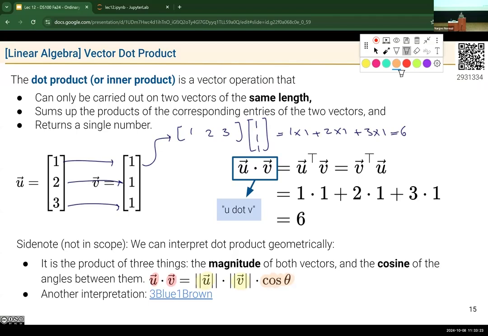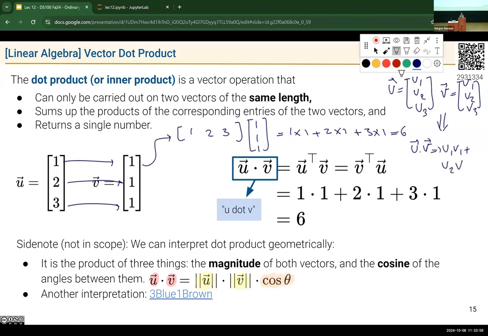So the immediate takeaway here is that if I write the vector u as u1, u2, u3 in this specific case, and I define vector v as v1, v2, and v3, the dot product u times v means that I'm calculating u1 times v1 plus u2 times v2 plus u3 times v3.